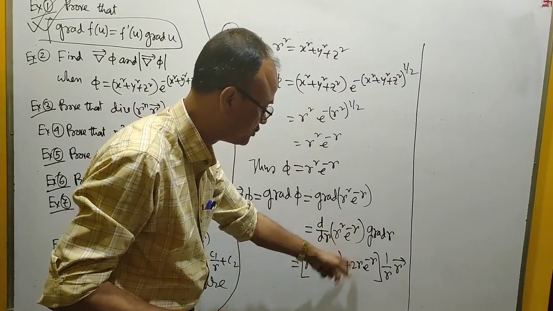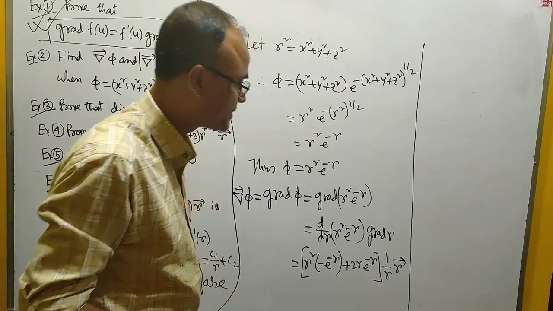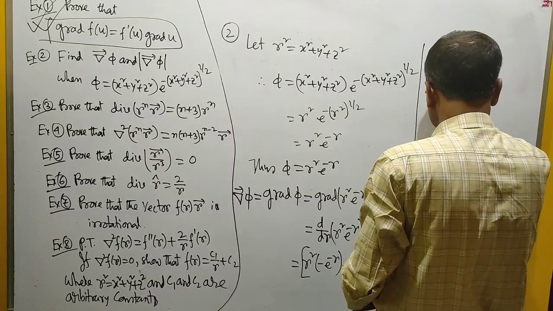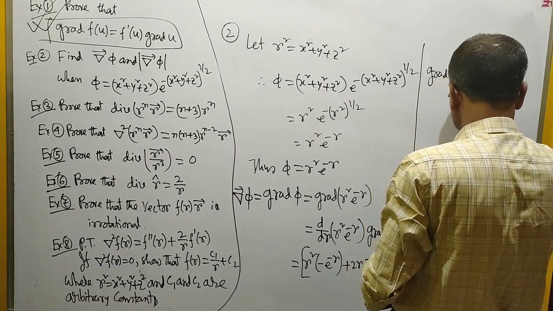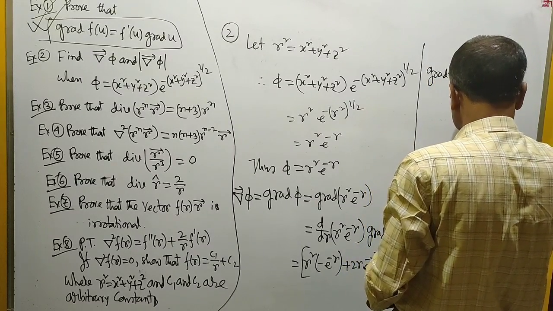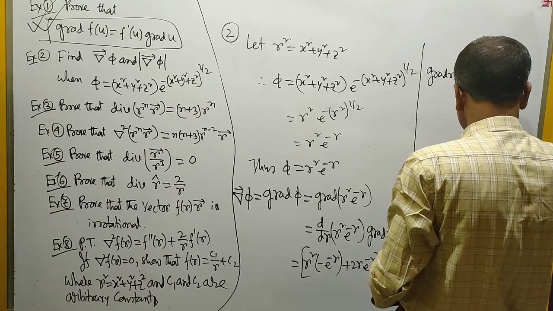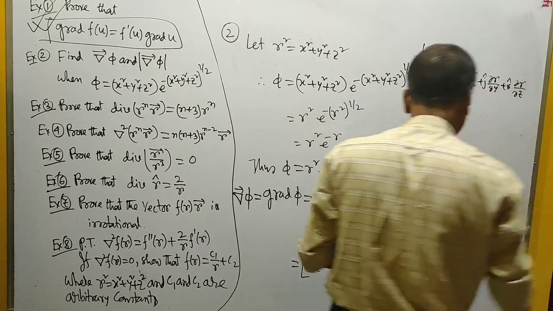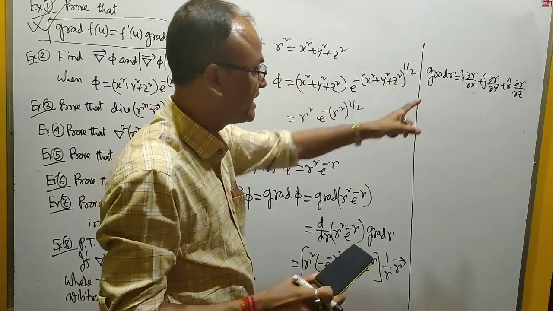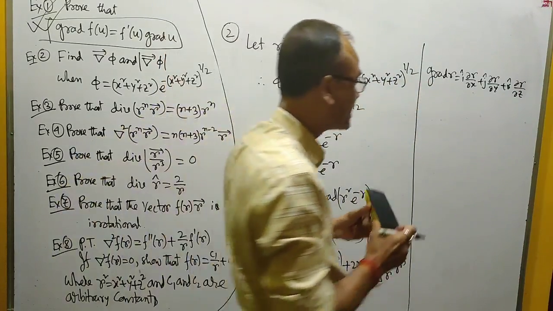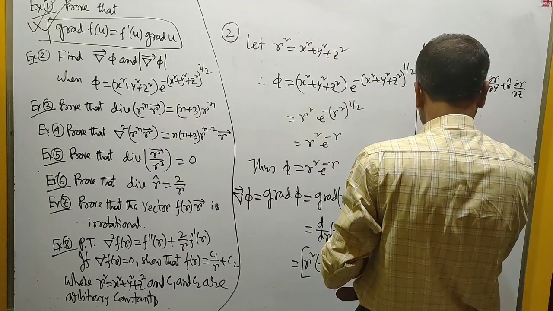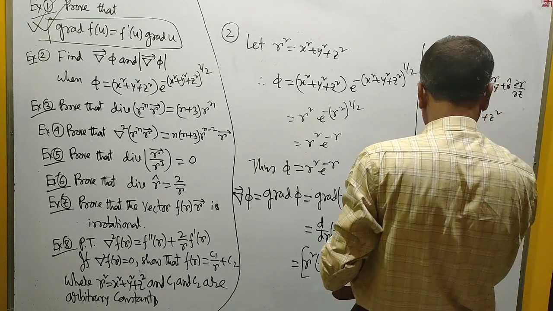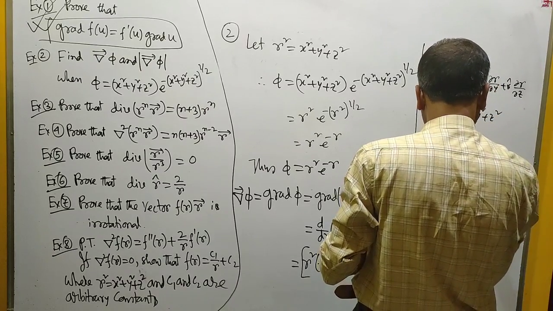Just differentiate this. Gradient of r is i cap ∂r/∂x plus j cap ∂r/∂y plus k cap ∂r/∂z. Gradient of r means this. Now r² equals x² plus y² plus z².